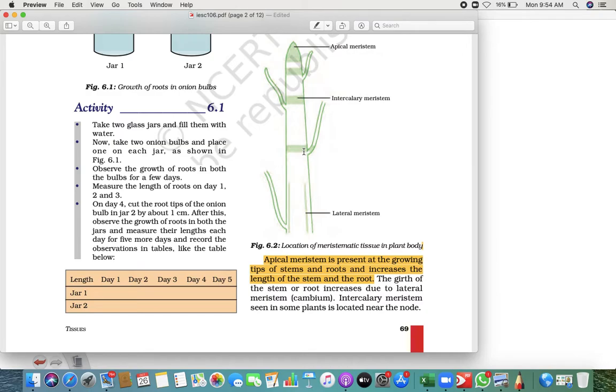If it is getting longer, it is because of the apical meristem, but if it becomes thicker, then it is because of which meristem? Lateral meristem. So girth will increase because of lateral meristem. And have you seen it gets branches, at the nodes? At that place, which tissue will you get? Intercalary meristem. So, did you understand? Each meristem has a different function.